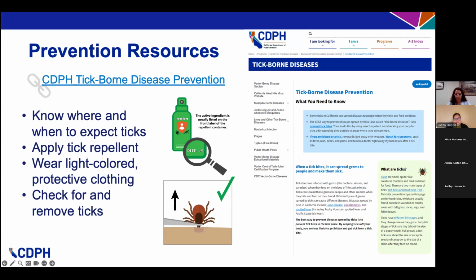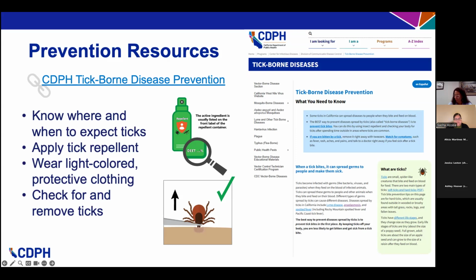So many repellents that work for mosquitoes also work for ticks, and this is often apparent on the product's label. Wearing light-colored and protective clothing also helps us to see ticks while we're out, and you can brush them off when you see them before they get too far. And after returning home from an area where ticks are common, check your body for ticks.